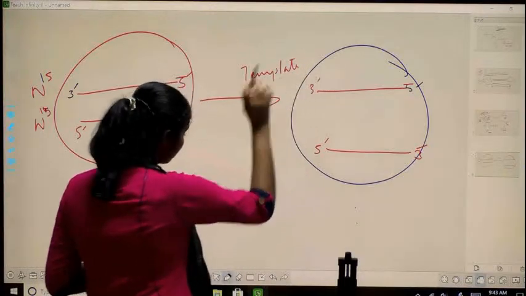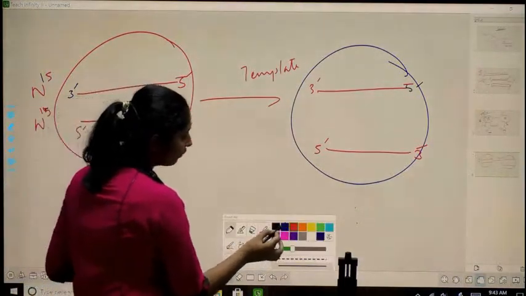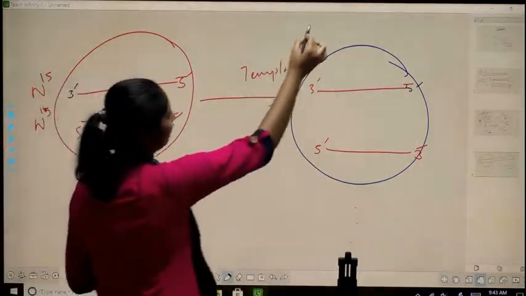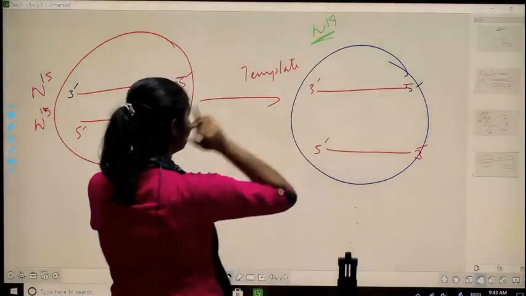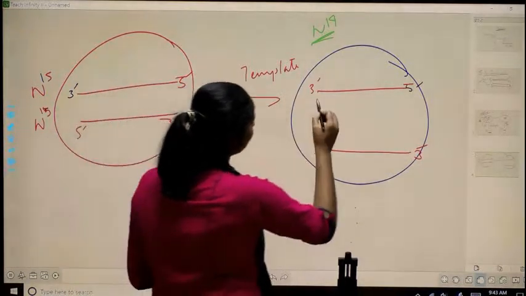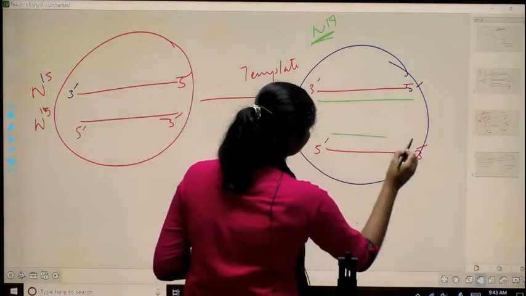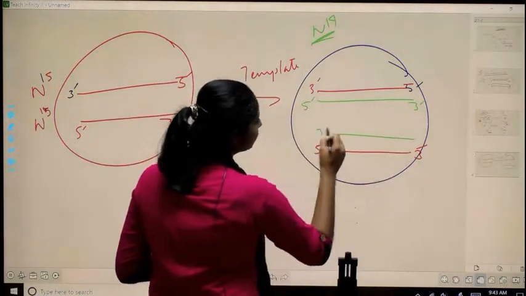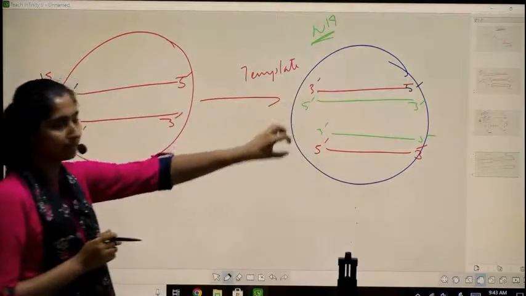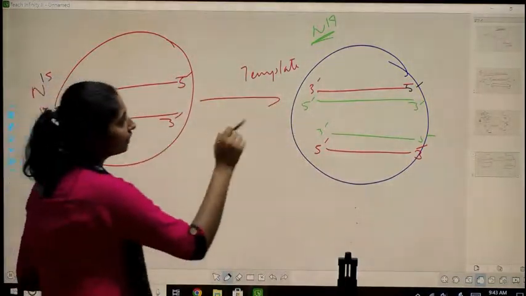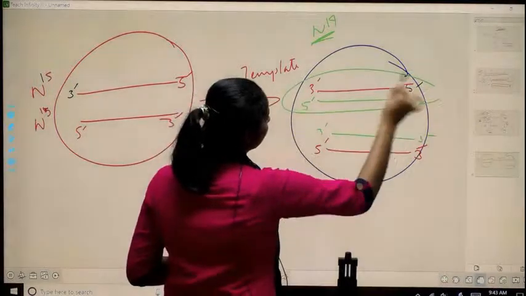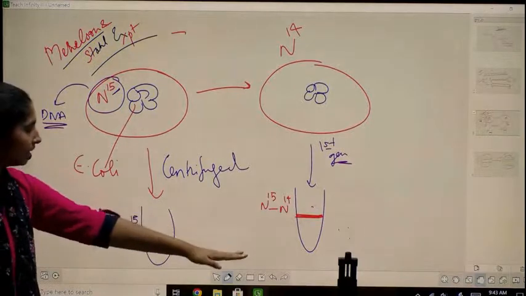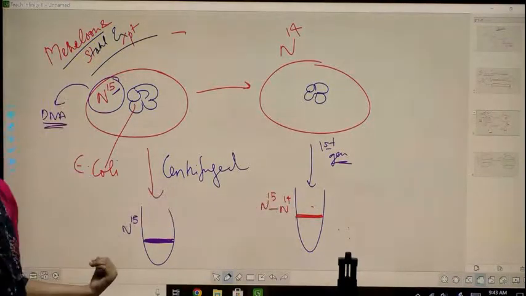The new daughter strand that will be synthesized will only use the material in its surroundings, and now they only have N14. As a result, the new daughter strands will only use N14, so they will be lighter. So here we are getting an N15, N14 hybrid. Due to the presence of this hybrid, we get a band that is intermediate and lighter than N15.